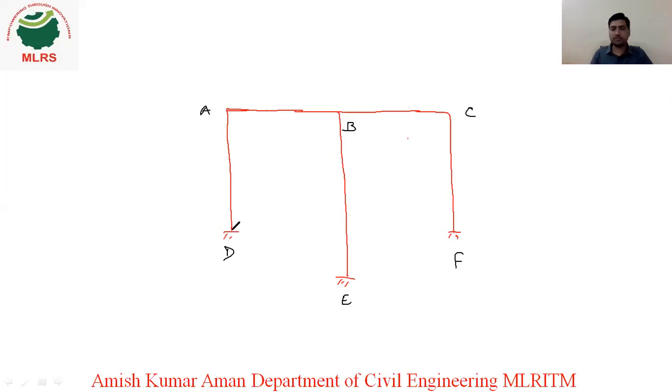I am drawing the final moment. At D joint, we got 100. Mark here 100. At A joint for AD member, we got 200. So mark here 200 and join them.